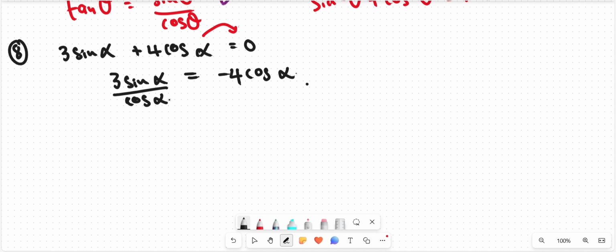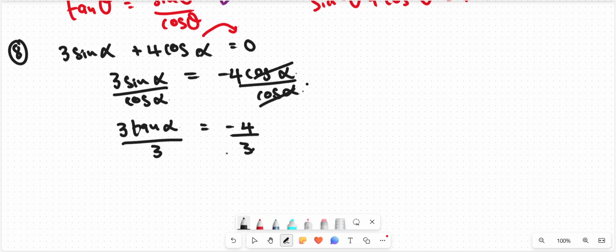If I divide by cos alpha on both sides, on the right hand side those cos alphas divide to give me 1, leaving me with that negative 4. The left gives me the tan identity, so I end up with 3 tan alpha. Then I can divide by 3 on both sides, and so tan alpha is equal to negative 4 over 3.